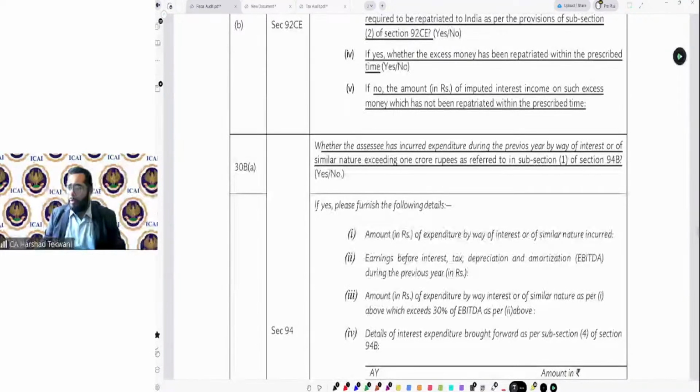Now, 94B provides that where an Indian company or a permanent establishment of a foreign company in India incurs any expenditure by way of interest or of similar nature exceeding 1 crore, which is deductible in computation of PGBP, in respect of a debt issued by a non-resident associated enterprise, such interest to the extent of the excess interest shall not be deductible. So if that is in excess, then it will not be deductible.